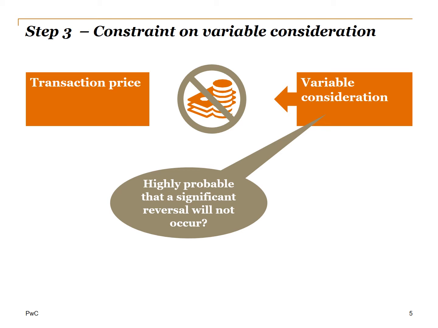It is worth noting that the constraint could apply to a portion of the estimate of variable consideration. That is, the company needs to include a minimum amount of variable consideration in the transaction price, and this will be the case even if other portions of the variable consideration are constrained.